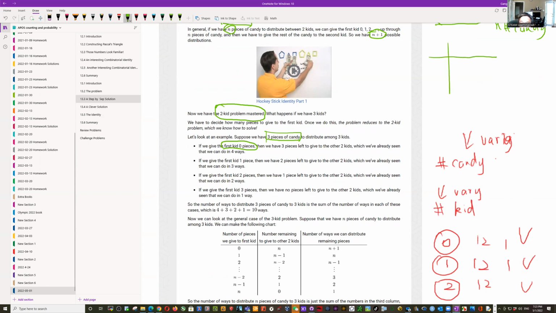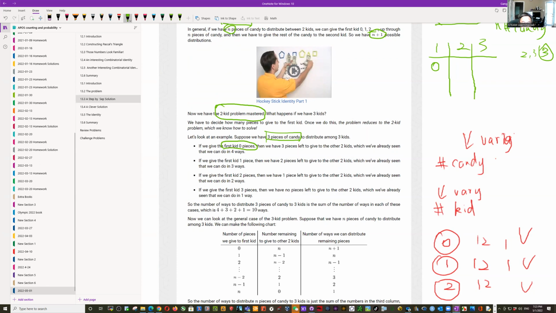We have 3 kids and 3 pieces of candy. I gave the first person 0 candy. So between kids 2 and 3, they are dividing up 3 candy. 3 candy has 4 ways.